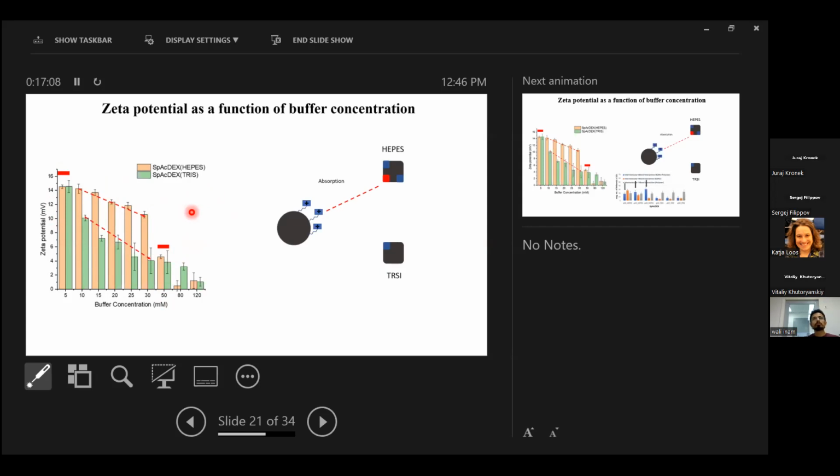What we found from the MD simulation studies as well is that in the presence of HEPES, the zeta potential of SPX is more stabilized, which means it has one anionic center, the sulfonate moiety, and as simulation studies and the hydrogen bonding studies show, it can interact with the positively charged groups, these amine chains on the SPX.